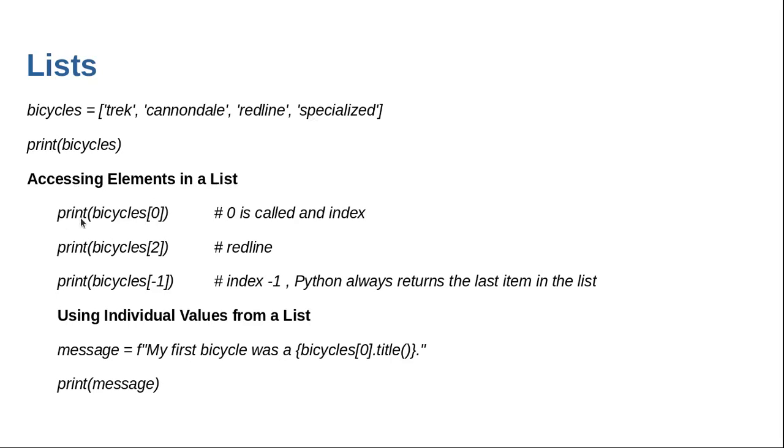If you say, for example, print in brackets 0, it will print the first member, Trek. In programming, numbering starts from 0, so this one is 0, then 1, 2, 3.